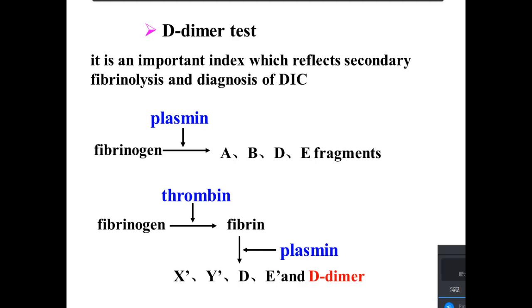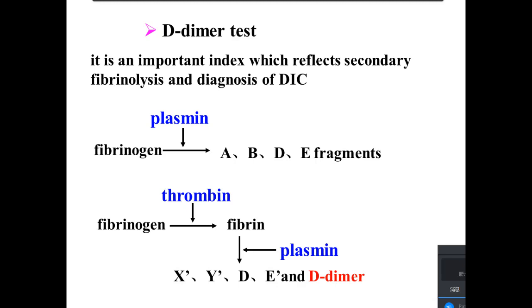DIC produces FDP from the second pathway, because the DIC etiology first increases coagulation function, the coagulation system is activated, producing thrombin, and next leads to fibrinolytic system activation, plasmin increases, so plasmin hydrolyzes fibrin and produces D-dimer.